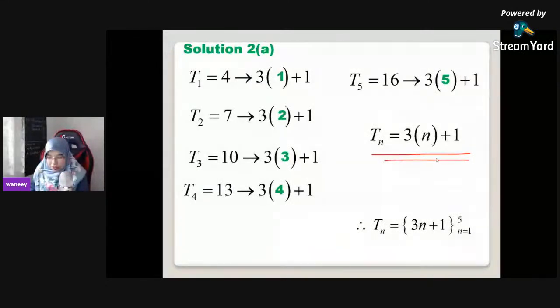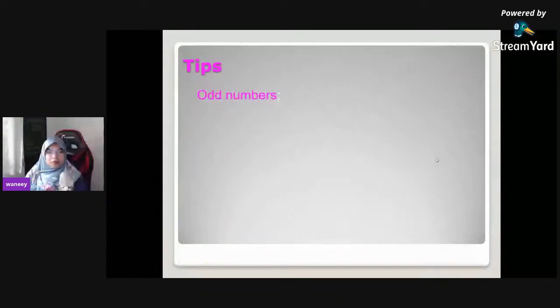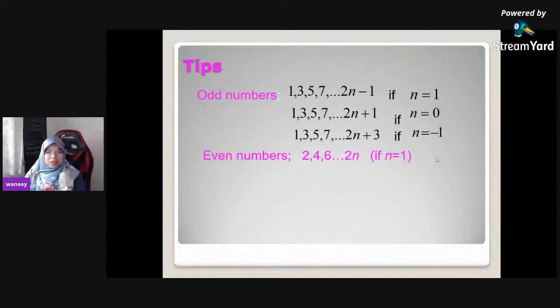Let us refer to the second one. Okay, so now some tips over here, odd number and even number. So we do see some odd number in our numerator and some even number in our denominator. So we're going to choose this one.